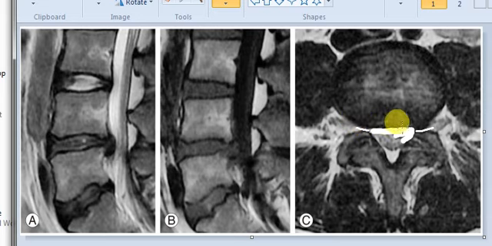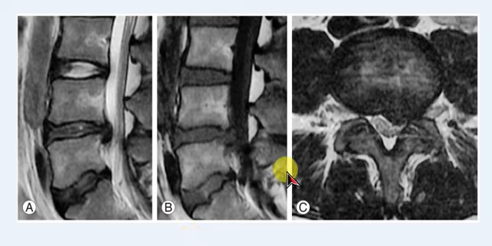So there is compression in the middle and onto the left side, and let me explain the zones now. We have come back to the original image, and see, this is the exiting nerve root on the right side, and there is compression of the nerve on the left side. So this is a central and paracentral plus far lateral protrusion of the disc, and this is not good.